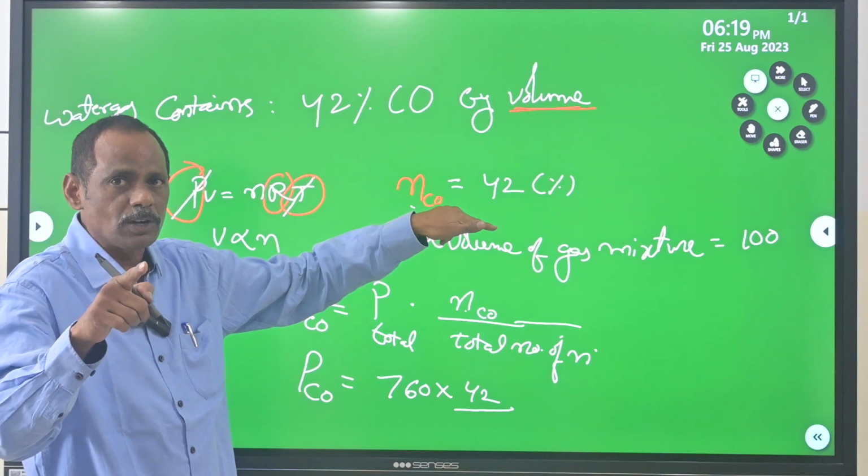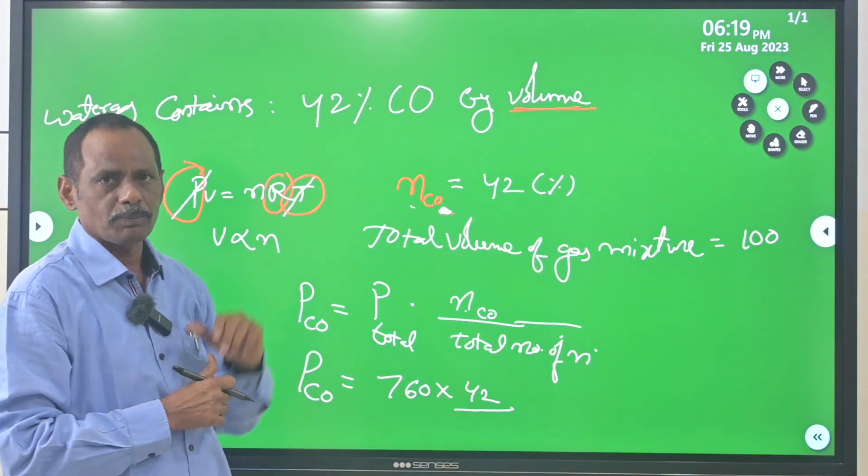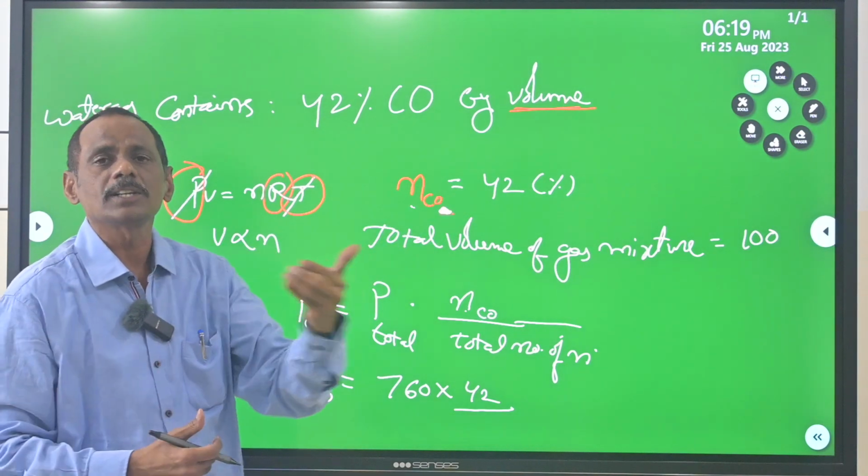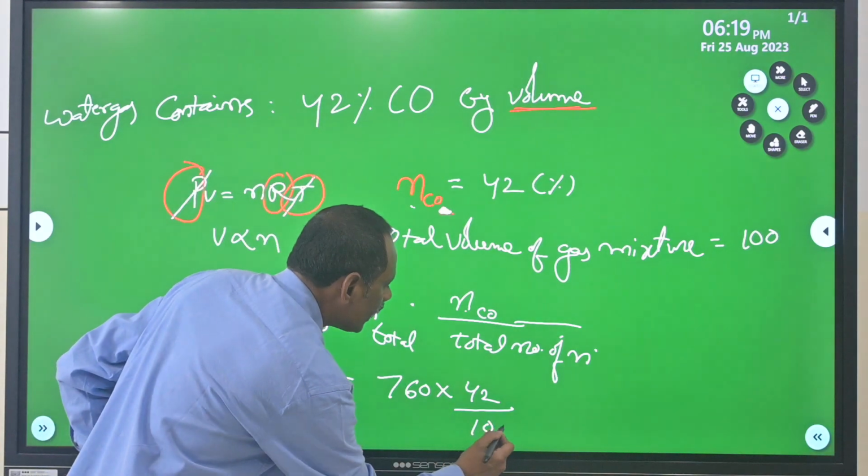In 100 volumes, 42 volumes of carbon monoxide is there. Total volume is 100.